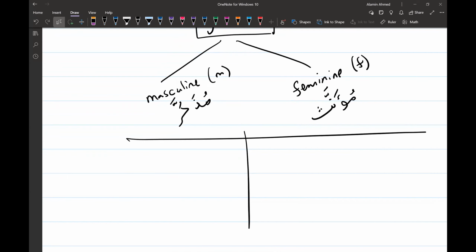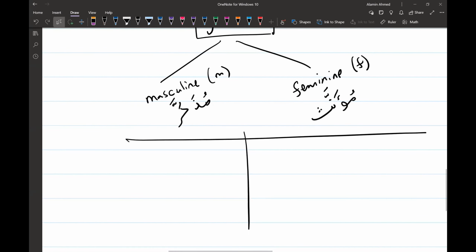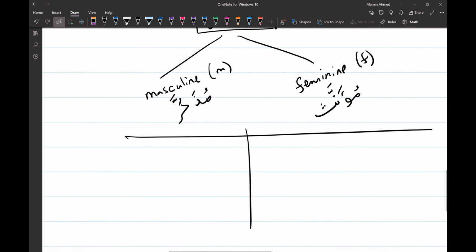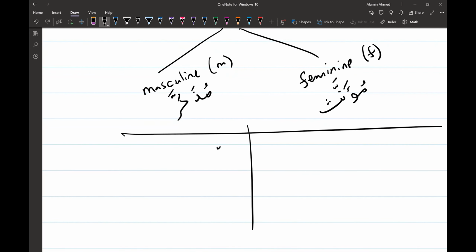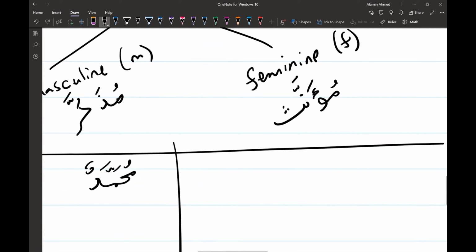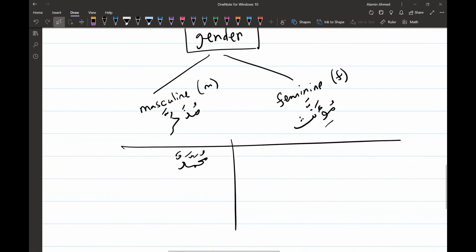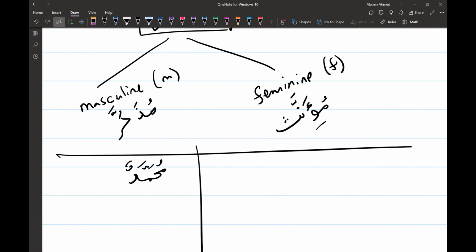The basic idea is simple. In every language, we have the same concept, right? The male person is masculine and the female person is feminine. So for example, if we have Muhammadun, what is it? This is Hamza. The Hamza is very tricky in Arabic language, especially the way you write it and also its usage.